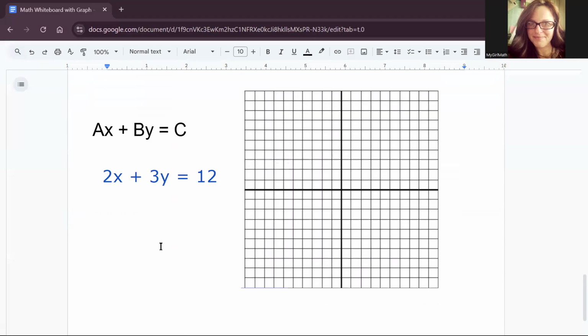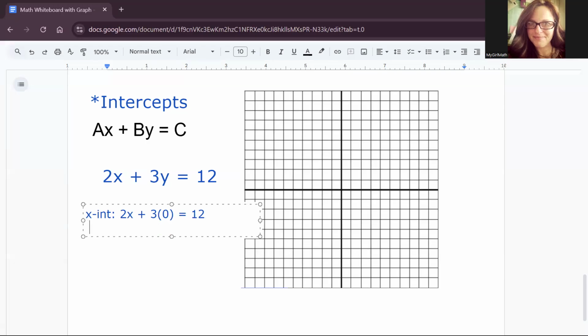When you see standard form, you should think intercepts. X and y intercepts. To find the x-intercept, we'll substitute 0 in for y. X-intercept, y is 0, and we'll solve for x.